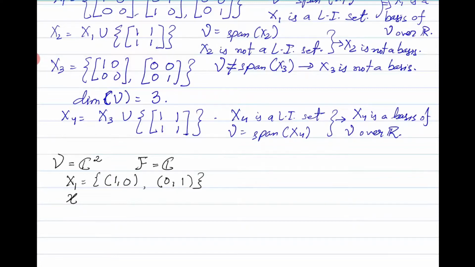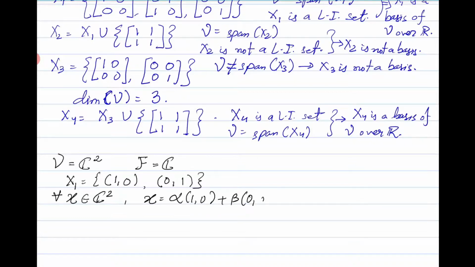For any x in C2, you can represent this as alpha (1, 0) plus beta (0, 1), where alpha and beta both belong to the field, which is the set of complex numbers.